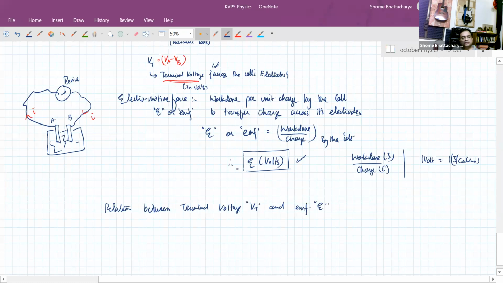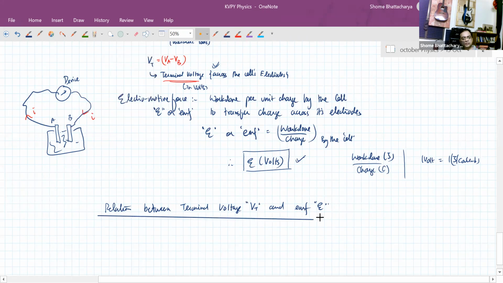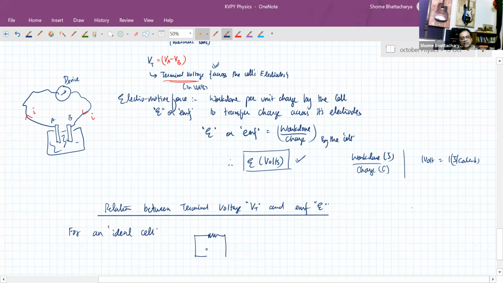Okay, for a given cell. If we have an ideal cell, and we'll discuss what we mean by ideal. For an ideal cell or voltage source, if we connect a resistor across the cell, you know the circuit symbol for a cell, we had discussed this a while back.